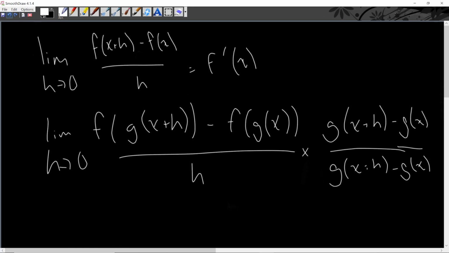Just like how fraction multiplication works, you need to have multiplication between the numerator and the denominator. So we can actually swap both the denominators to have g of x plus h go underneath this and the h go underneath that.